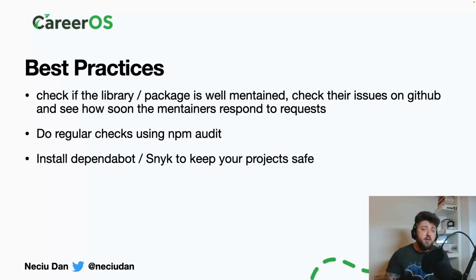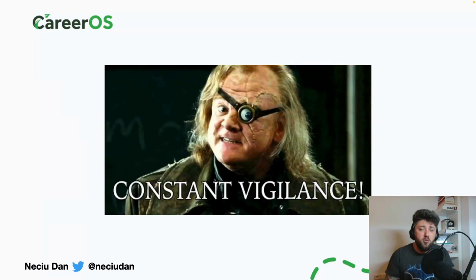Stay ahead of the game. Check websites or Twitter accounts that report common vulnerabilities in the web. But most importantly, the one thing you can do is, of course, constant vigilance. Practice awareness and see what you're installing. Just don't install everything out there.